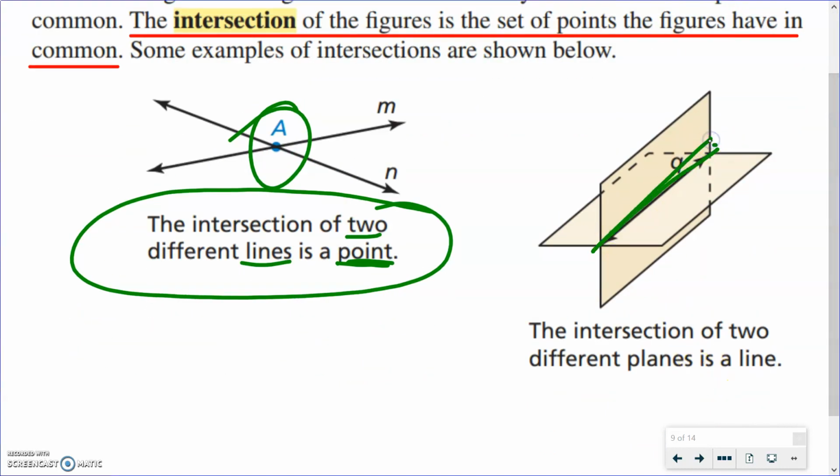When two planes, you could think about it as two pieces of paper, were to intersect, they would create a line. And whenever two lines cross, that creates a point. So we talk about intersections, and that's where they cross. So again, super important information. The intersection of two lines is a point, and the intersection of two planes is a line.